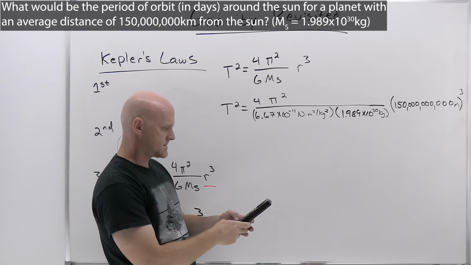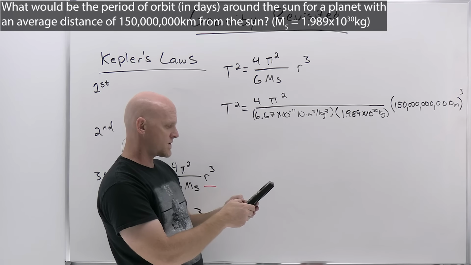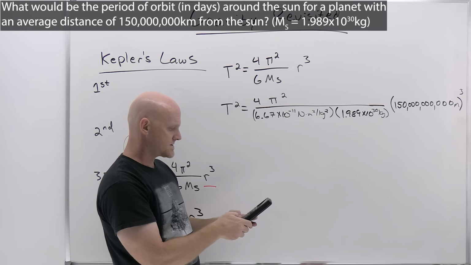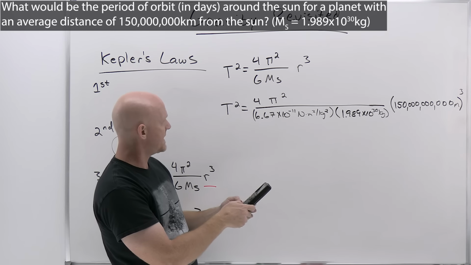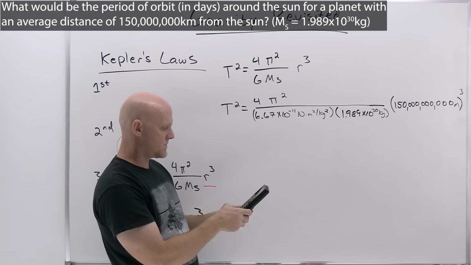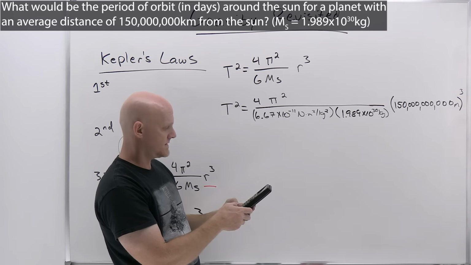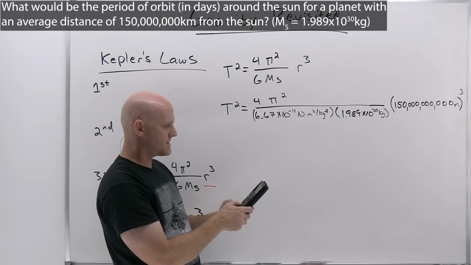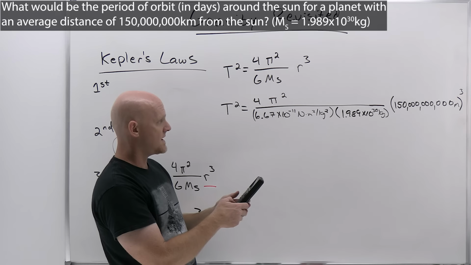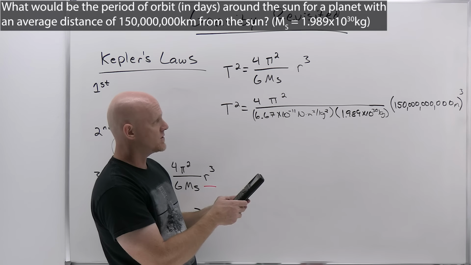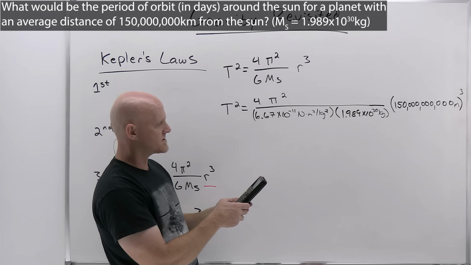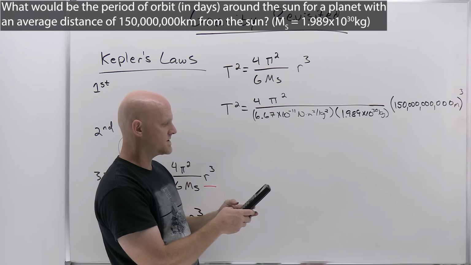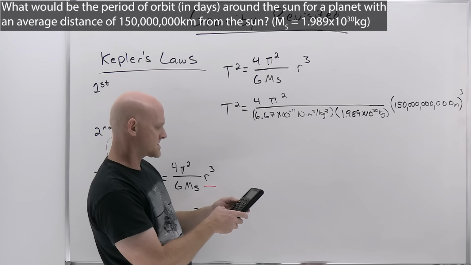All right, so lots of places to screw this one up. So 4 times pi squared divided by parentheses 6.67 times 10 to the negative 11 times 1.989 times 10 to the 30th, and close parentheses, times 150,000,000,000 cubed gets me a number, and then we'll take the square root of that number.